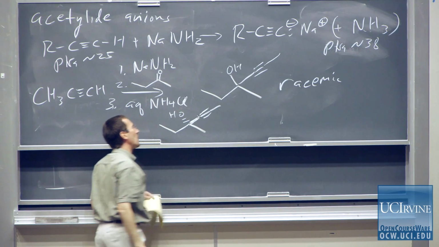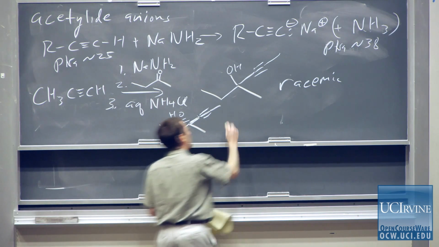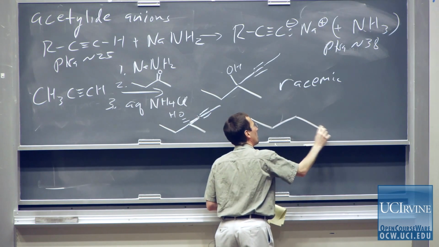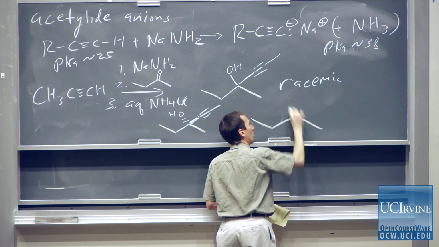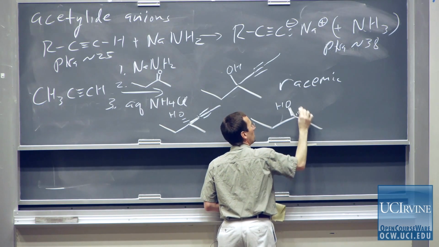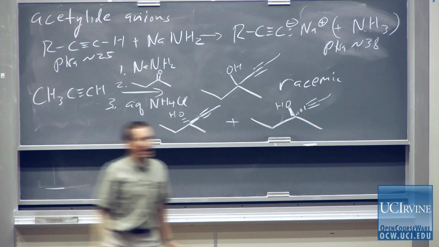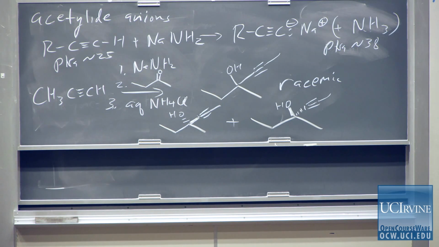And so we have one enantiomer in which the OH is pointing back and the alkyne is pointing out. We have another enantiomer in which it's added from the back face, and now the OH is pointing out and the alkyne is pointing back. And we will get equal amounts of these, both of the R and of the S.